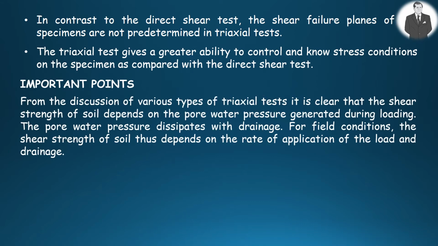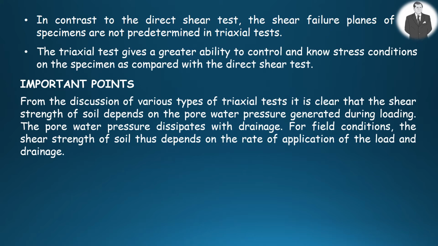From the discussion of different types of triaxial tests, it is obvious that the shear strength of soil depends on the pore water pressure produced during loading. The pore water pressure dissipates with drainage.